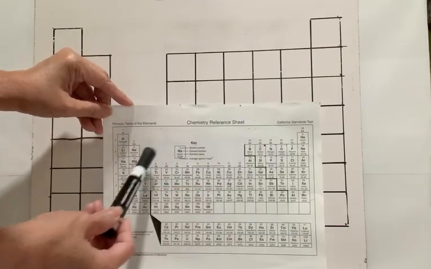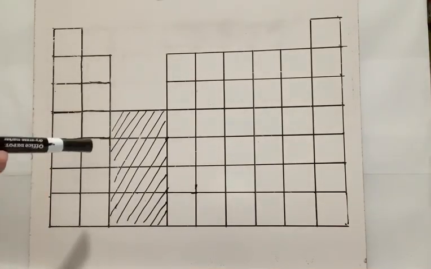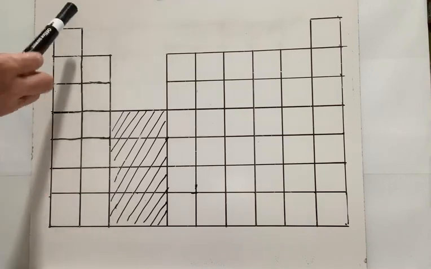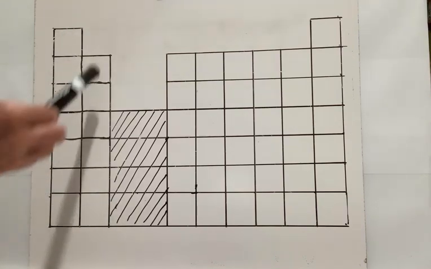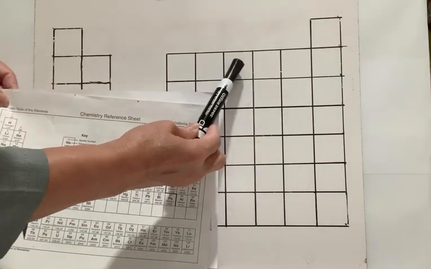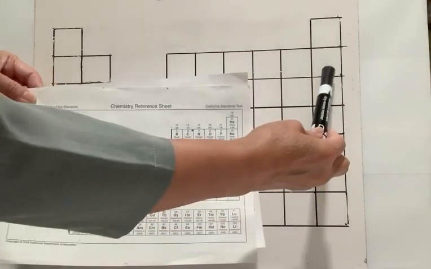We will not include this group of elements. So that is why I have here in the diagram, these are the group B elements, and these are the group 1A, 2A, 3A, 4A, 5A, 6A, 7A, and 8A.